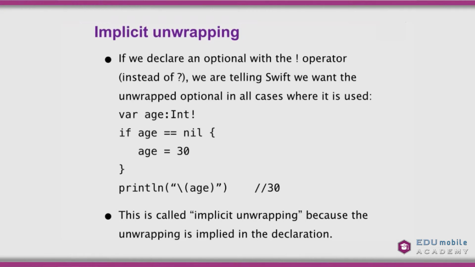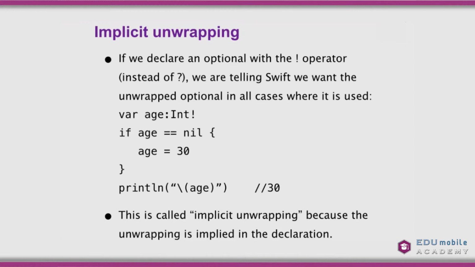Now, implicit unwrapping says we want the unwrapped optional in all cases where it's used. So var age int bang, this is still an optional int. It's exactly the same kind of optional int, but we're prefacing the whole procedure with the idea that I don't want to see optional 30, I want to see 30.